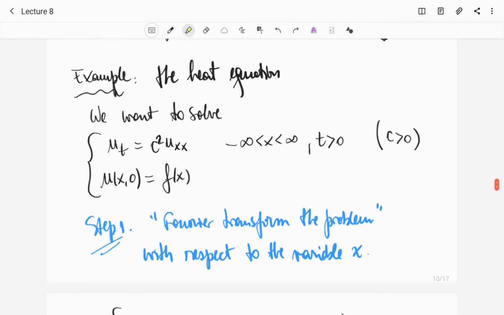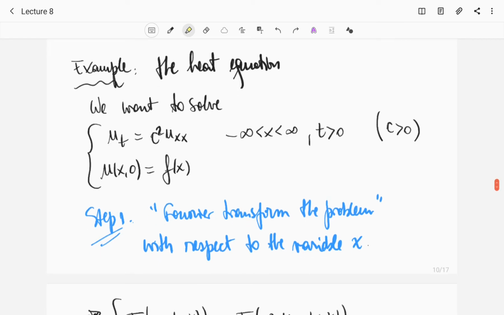Let's take a look at the heat equation, where we are going to do exactly the same, just with a different equation. So if you remember, the heat equation is this. We have only the first derivative in t, a positive constant, the second derivative in x, and this initial condition.